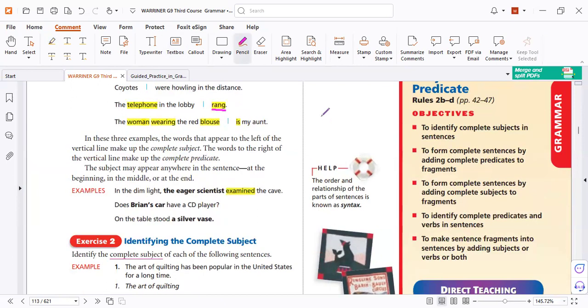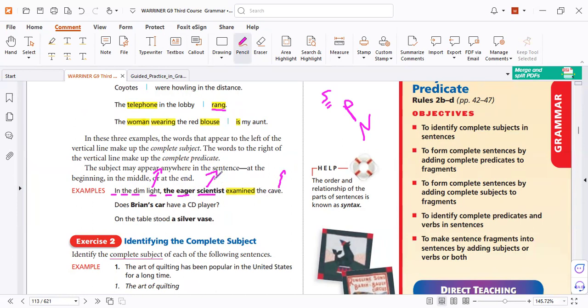Now let's know: the subject must be a pronoun or a noun, nothing else. So the article, the adjective, the eager adjective, and the preposition are not it. It can be light, it can be scientist, it can be cave. Now use logic. Who or what examines the cave?